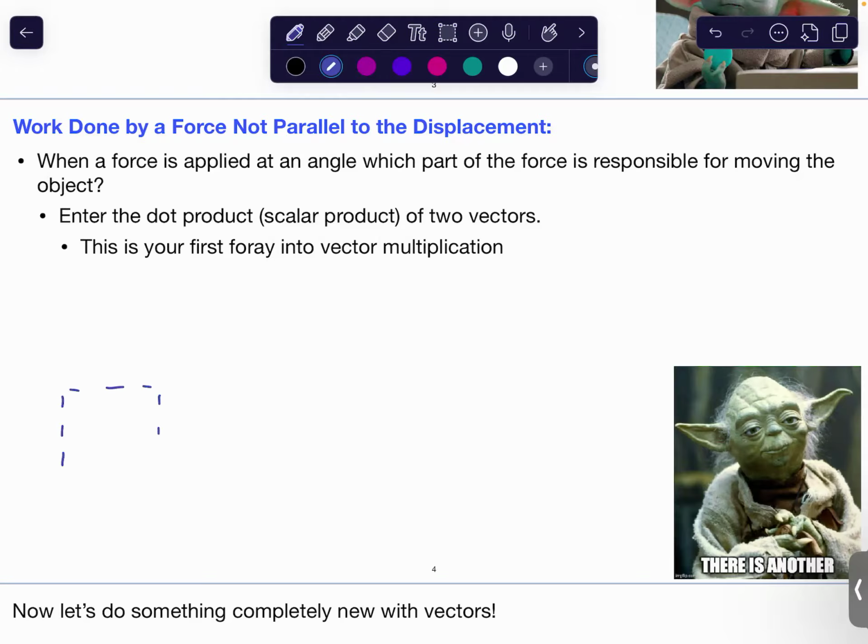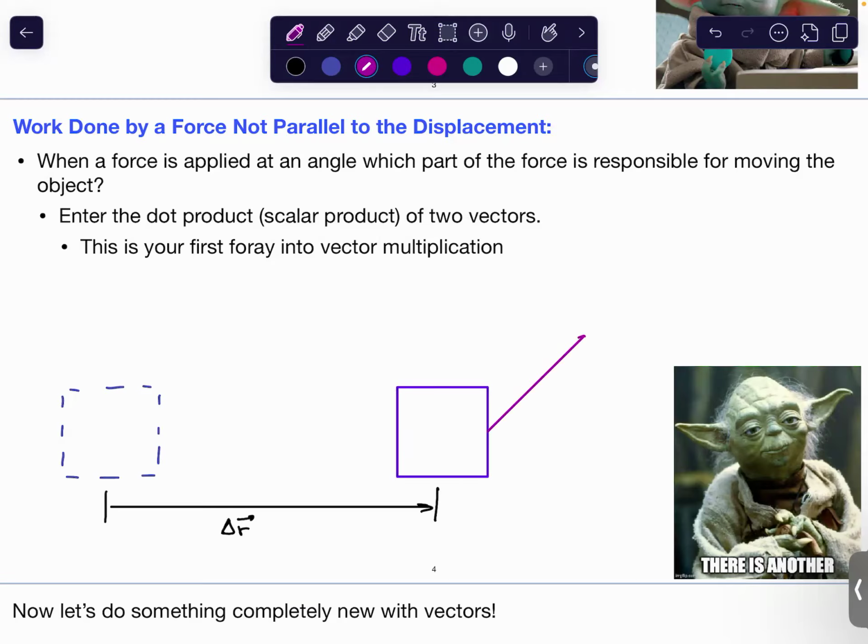We had an object that was here, okay? But it gets moved here, across the displacement. And of course, generally, you can say you have a force applied at some angle.